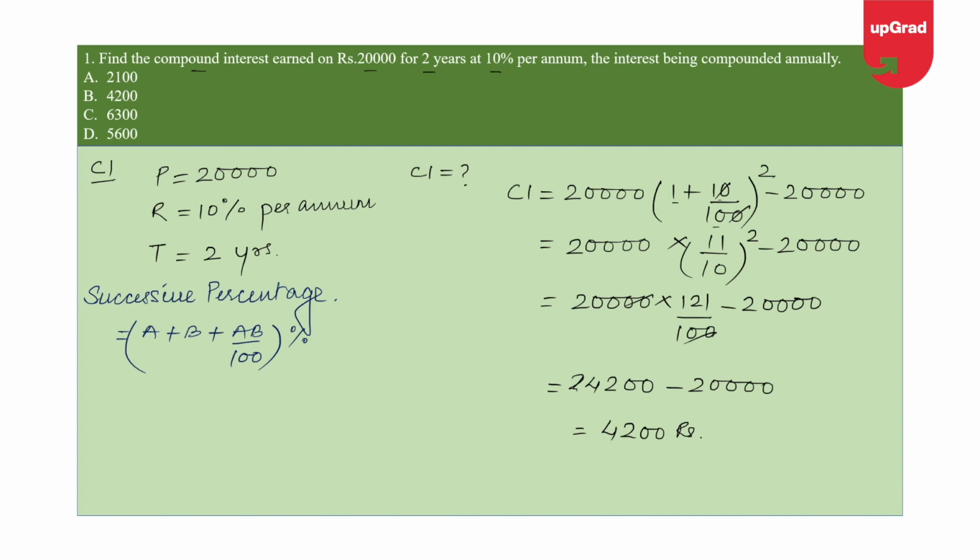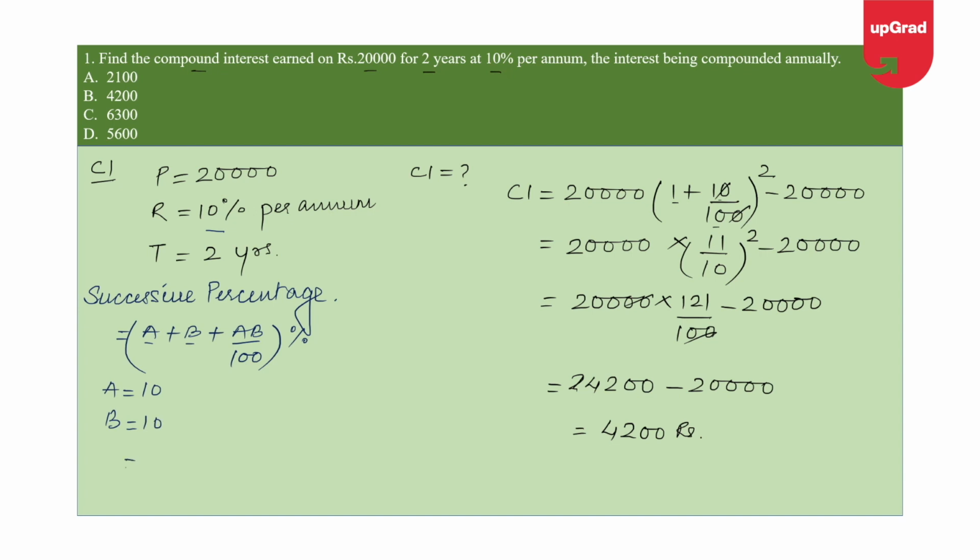Now, as I said, you have to watch my other video which talks about successive percentage in detail. That's where we can solve this question, in fact, without using pen and paper. So here my A and B are percentage values. In this question, for the first year my percentage is 10%, and for the second year also it is 10%.